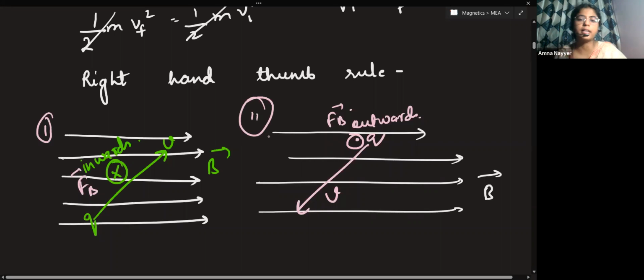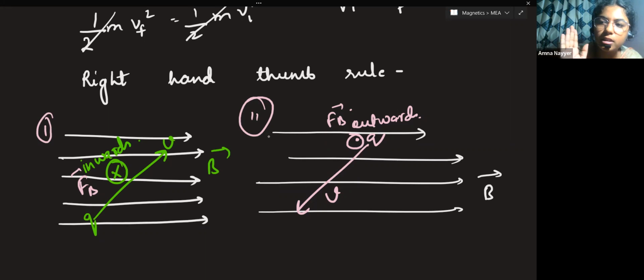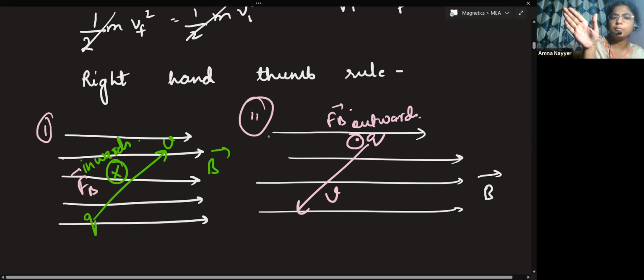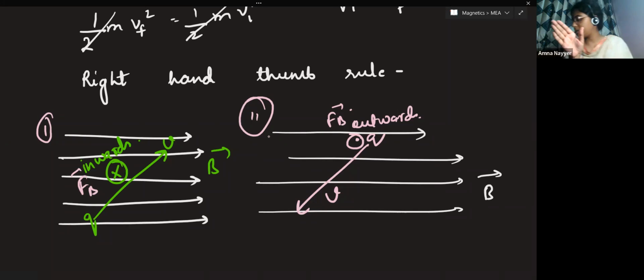This is the second. Now, keep your fingers, your hand, in the direction of velocity. Velocity is like this. Just see the velocity and see my hand. Both are like this. Now I have to curl it towards the magnetic field. The magnetic field is where? The magnetic field is like this, on the right hand side. So how will I curl it like this? I cannot curl my fingers like this. If I shift it like this, curling fingers is towards the left hand side.